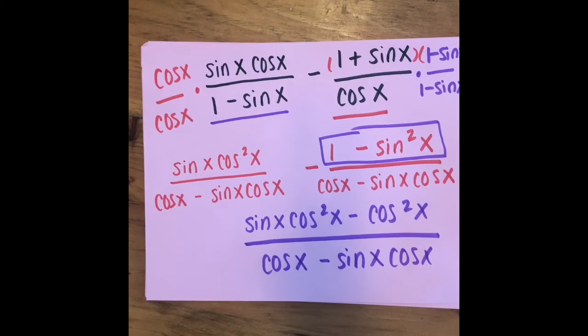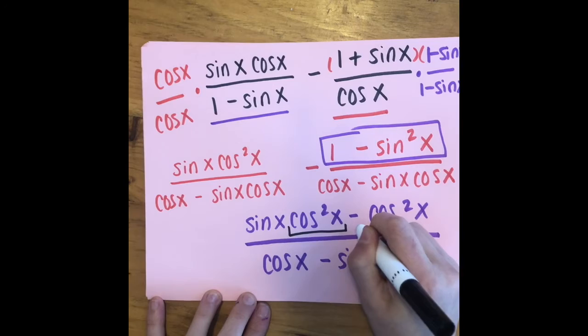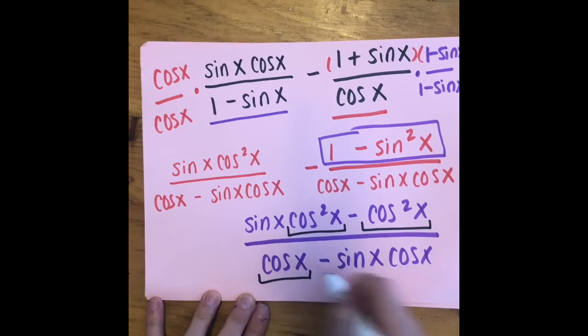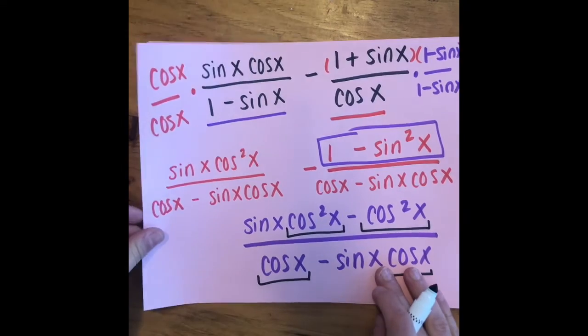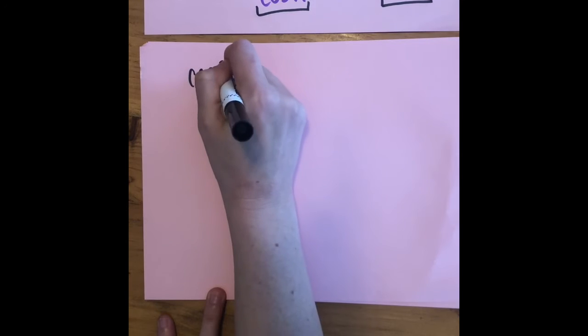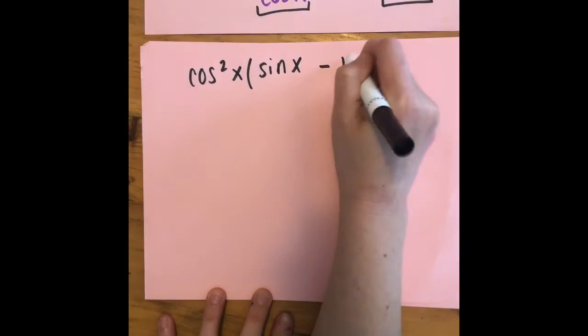All right, so we have multiple terms here, but we have like things that we can factor. In this numerator, we can factor out the cosine squared x. And here we can factor out a negative cosine. All right, so if I factor out that cosine squared x, I'm left with sine x minus 1.